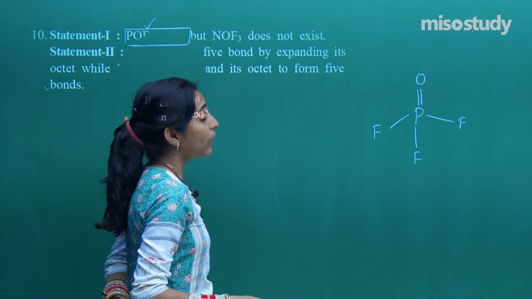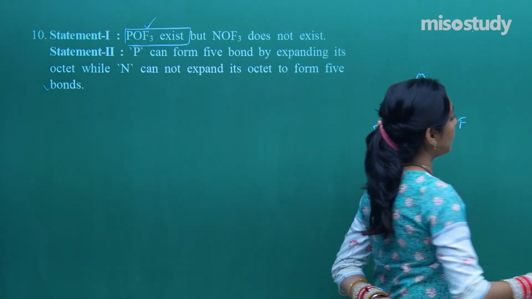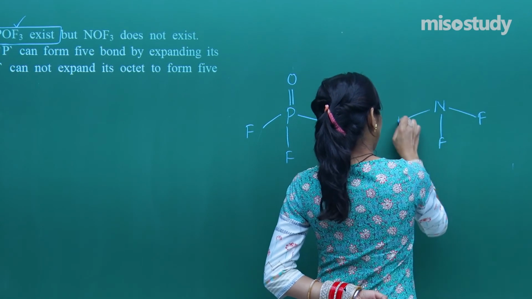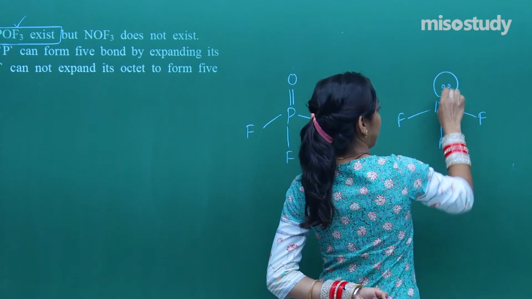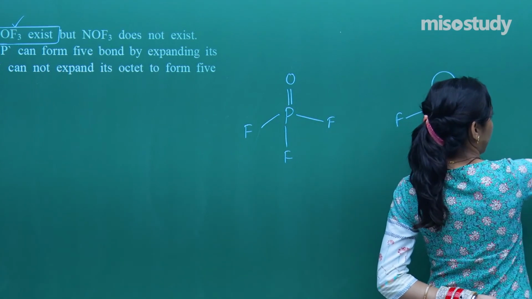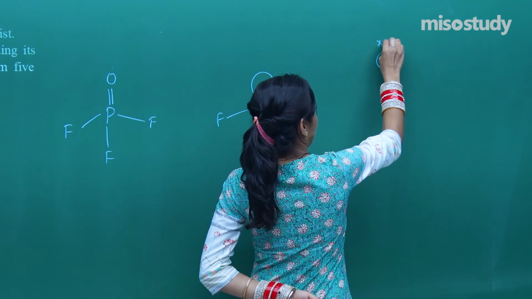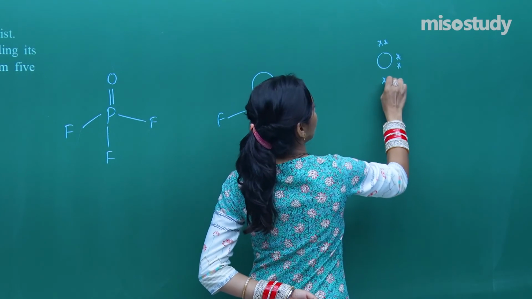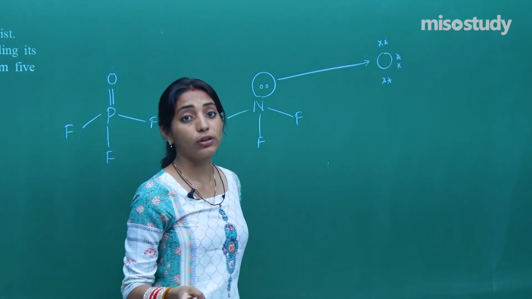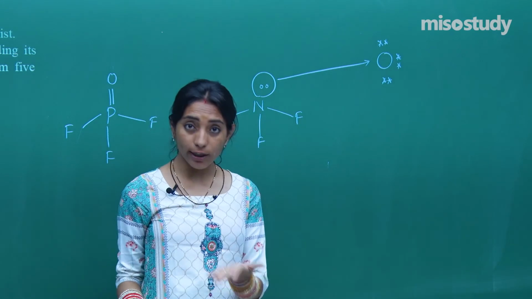Correct. NOF3 doesn't exist. See, you know, right, NF3 is formed. Nitrogen is having a lone pair of electrons. Now don't you think if another oxygen atom comes with a total of 6 electrons, nitrogen can easily give one of its pair of electrons to oxygen with the help of a coordinate bond.